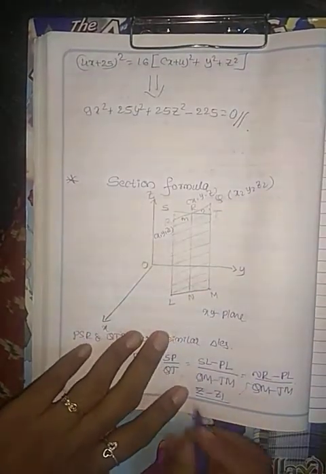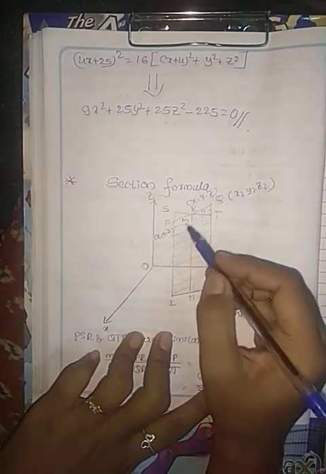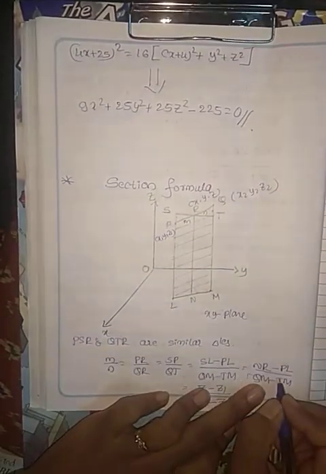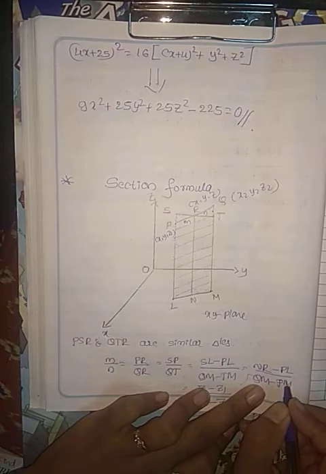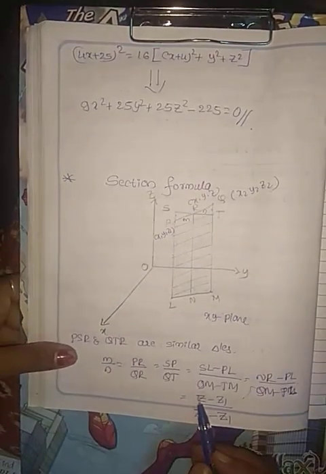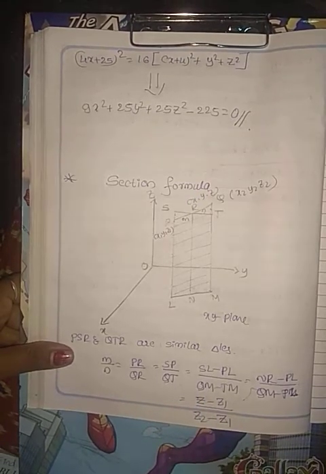Therefore, QM is z2, and TM is again nothing but PL, that is z1. So you will get the first value as z minus z1 divided by z2 minus z1.